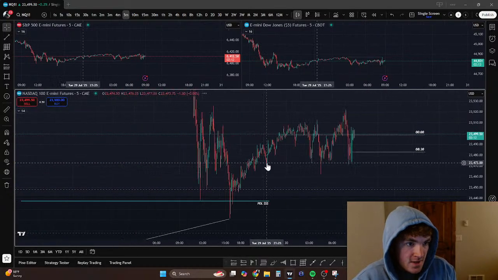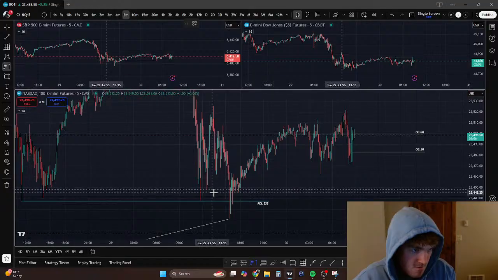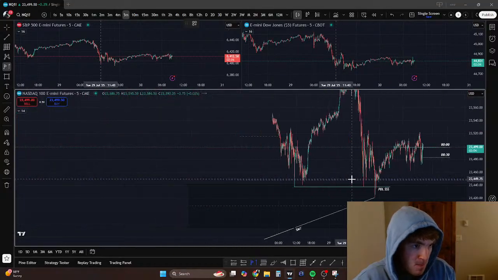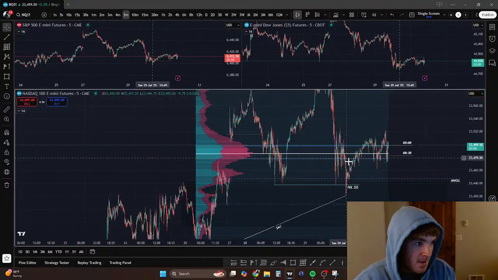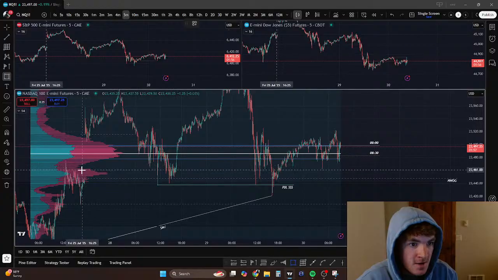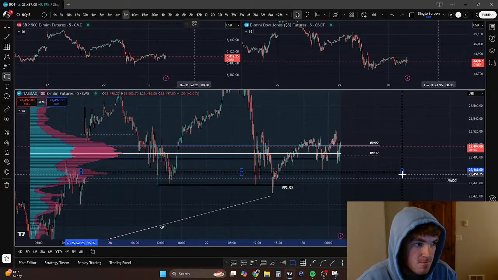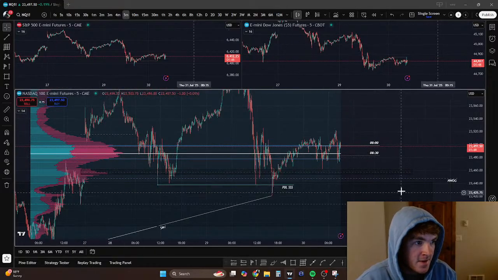I'm going to drag this out. Where is the liquidity? Looks like somewhat of a liquidity pool here. Most of the liquidity is in this center area.